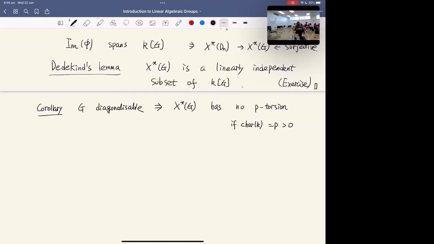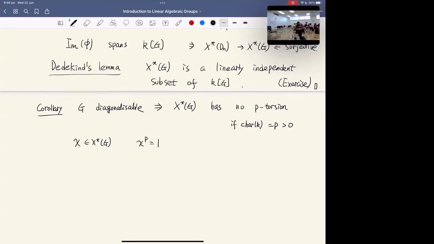Okay, so let's see. Maybe we say this from the proof. Let's assume that I have an element chi in X star G which has order p. Now I'm writing it multiplicatively.